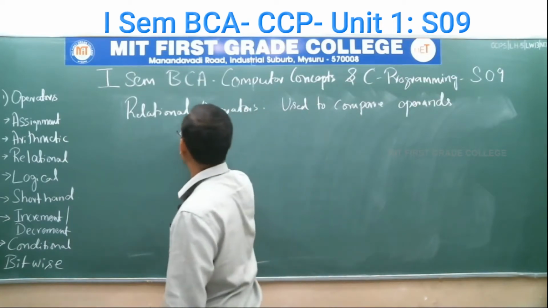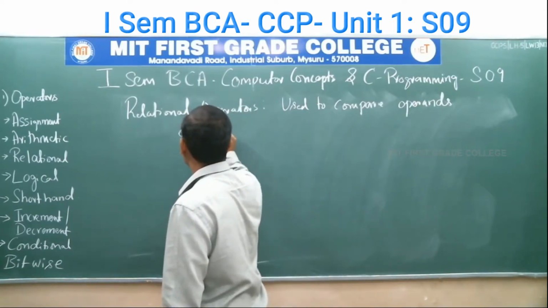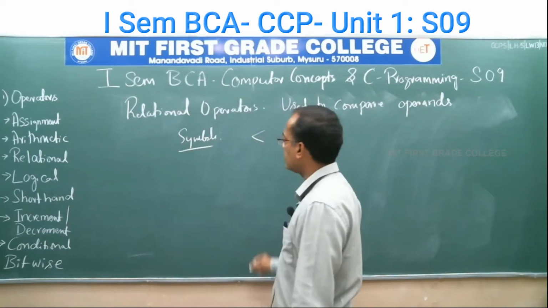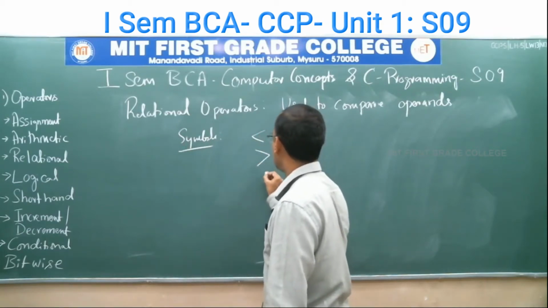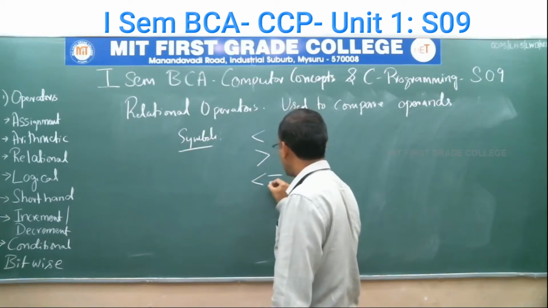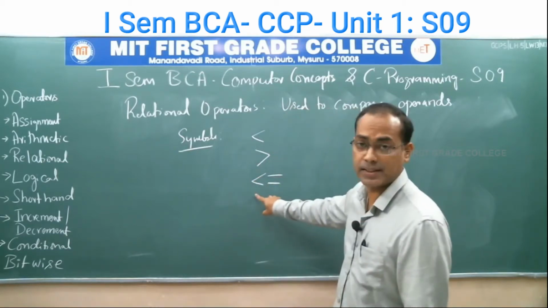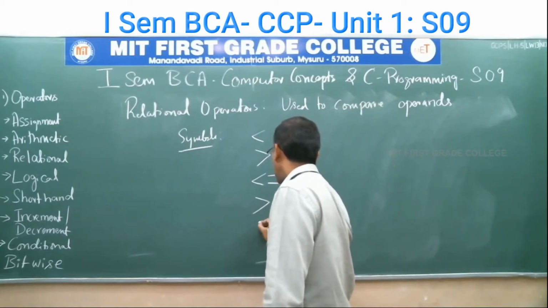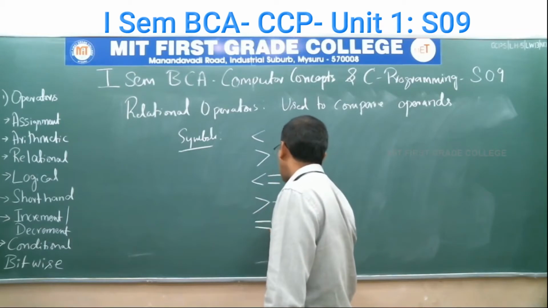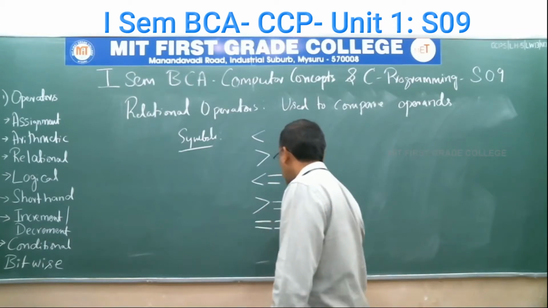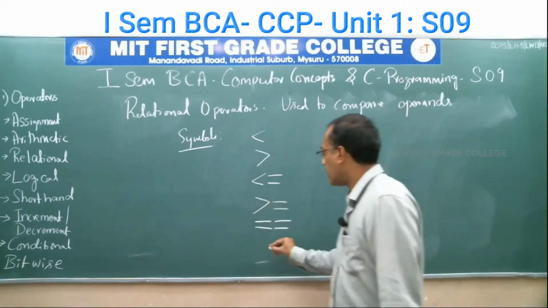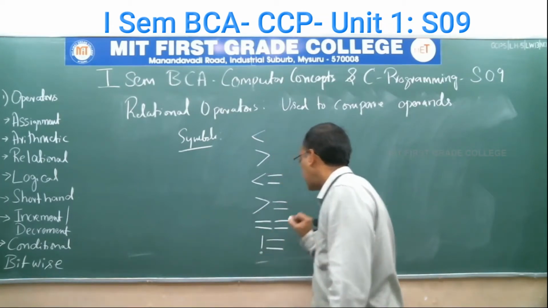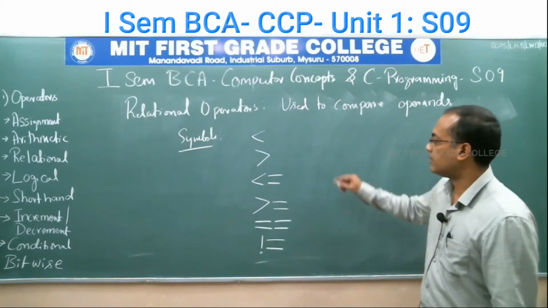So what are the symbols? Here we are going to use the symbols less than, greater than, less than together with equal to, which is called less than or equal to, greater than or equal to. To check whether two operands are same or similar, we use double equal to, and for not equal to, exclamatory symbol followed by the equal to symbol.